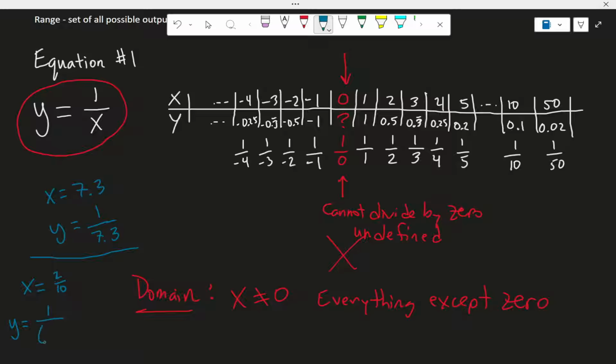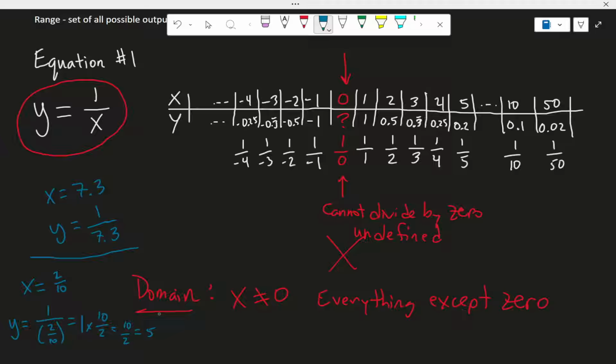And so let me plug in 2/10. Now, how do you do 1 divided by a fraction? Well, hopefully you remember your fraction skills, that we could do it by multiplying by the reciprocal. So it's actually 1 multiplied by the reciprocal of this, or the flip, which is 10 over 2. And so 1 times 10 over 2 is just 10 over 2. 10 divided by 2 is just 5.